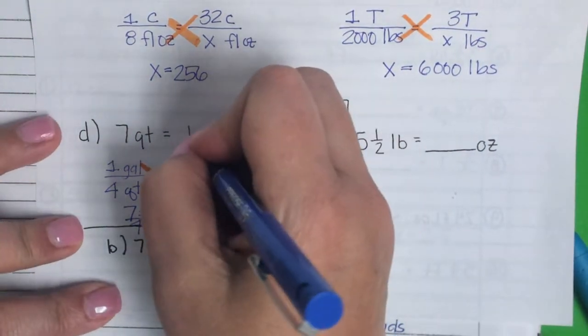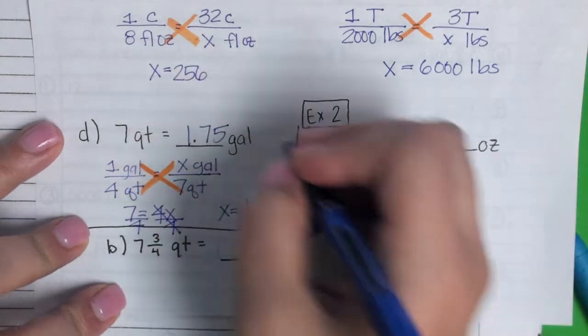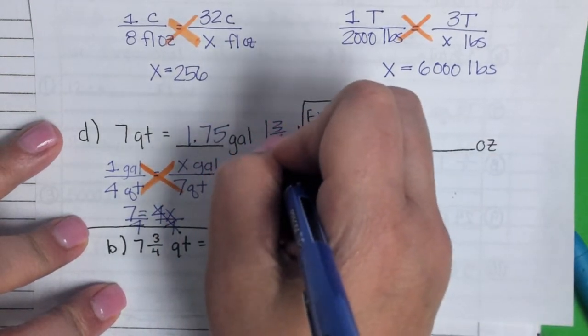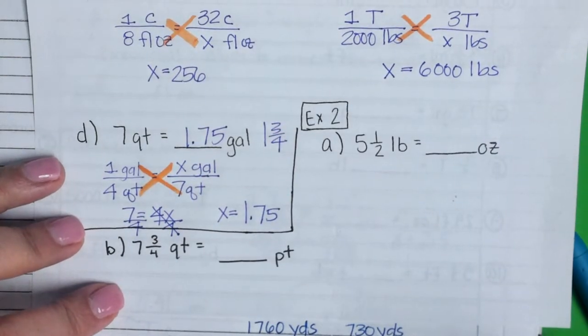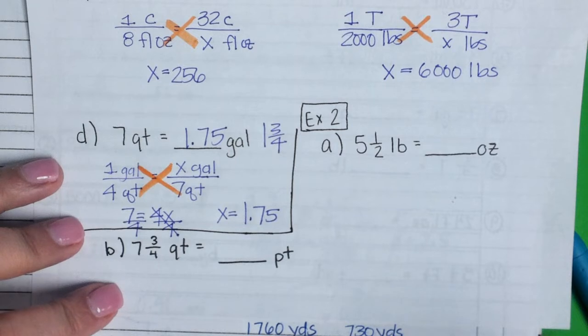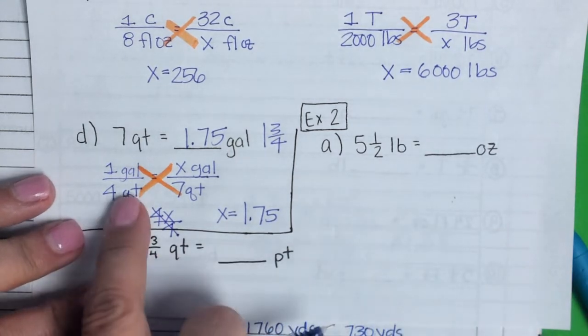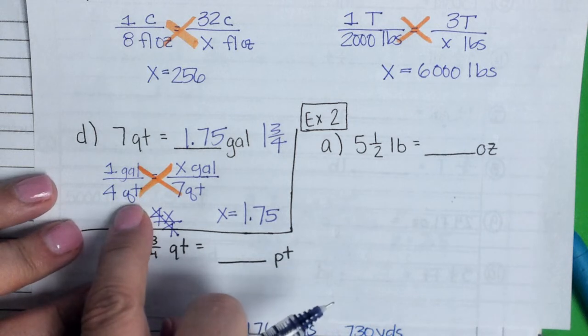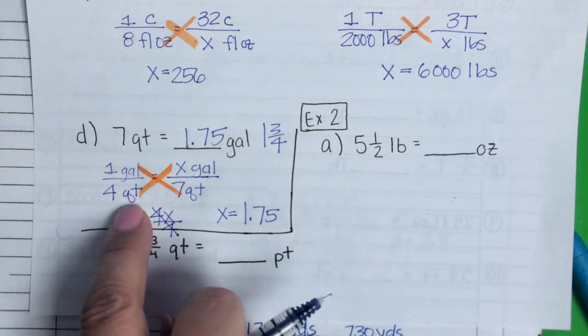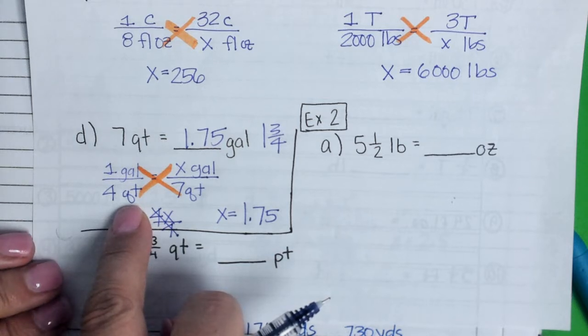So your gallons, 1 3/4. Can't you just do 4 is like quarters? You could have just done 4 quarts. That's 1 gallon, and then you have 3 quarts left over out of the 4 that it takes to make a whole.